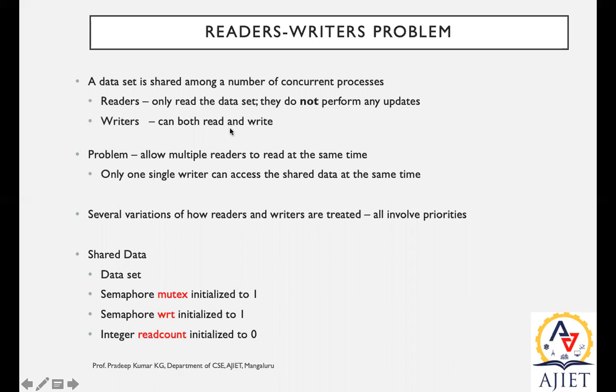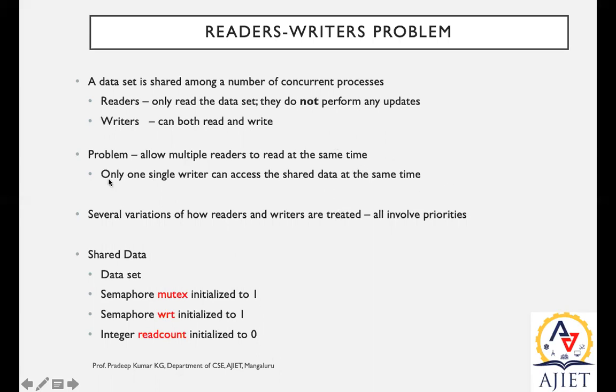So now the problem is, you allow multiple readers to read at the same time. Only one data set is available. You give a chance to multiple readers to access the same data set at the same time. Right? It is very difficult. So only one single writer can access the shared data at the same time. This is what we are supposed to do.